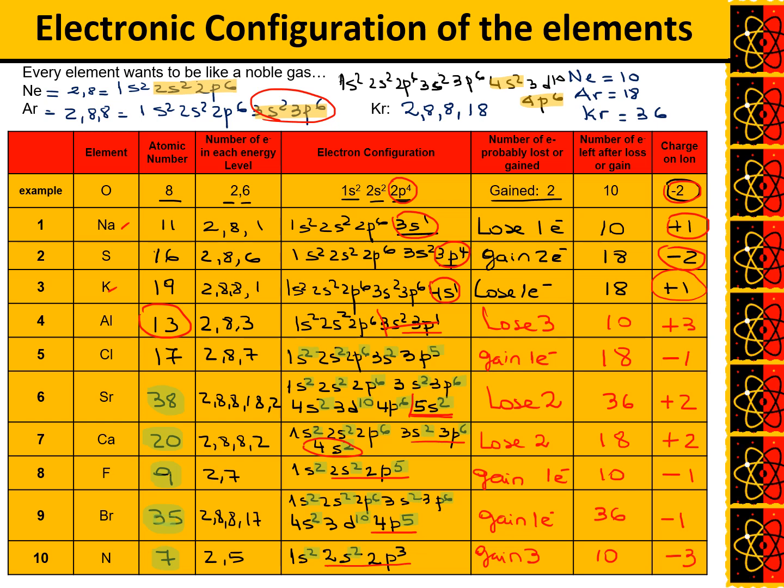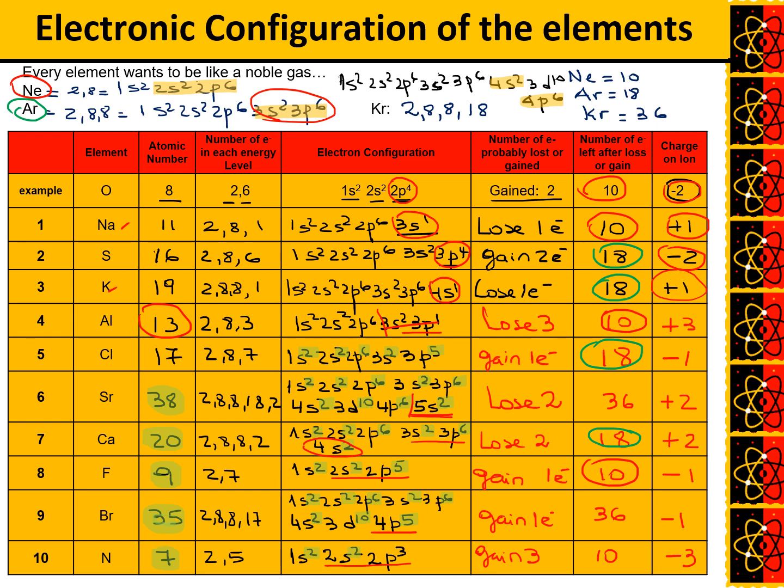Now look at these numbers here: 10, 10, 10, 10. Those are the electronic configuration of neon, yes? So those elements are going to lose or gain electrons to get the configuration of neon. In the case of the sulfur, 18, 18, 18, 18, those are going to get the configuration of argon.